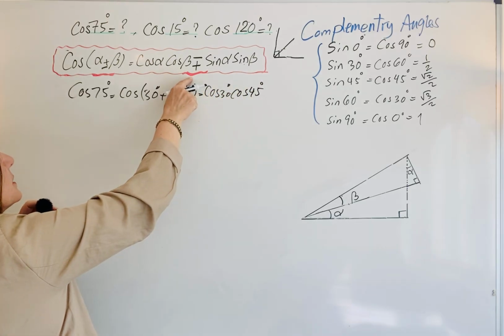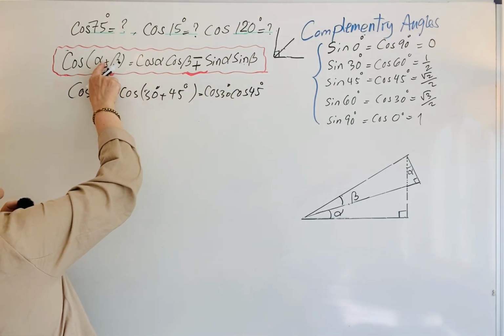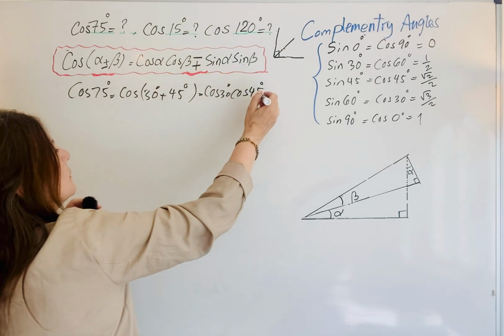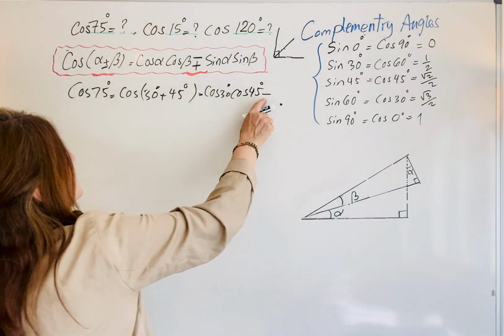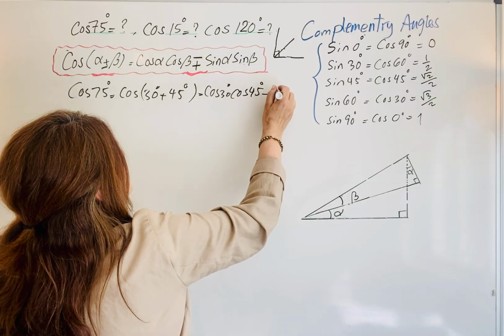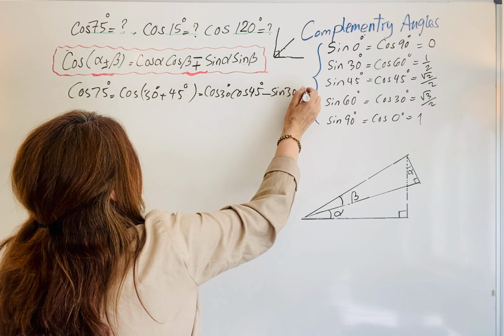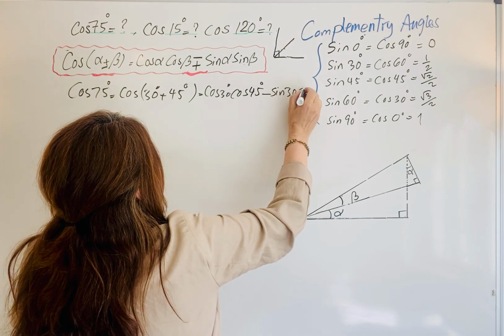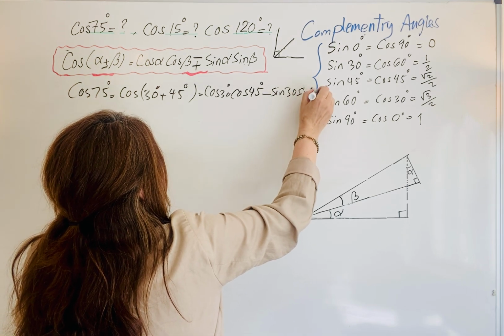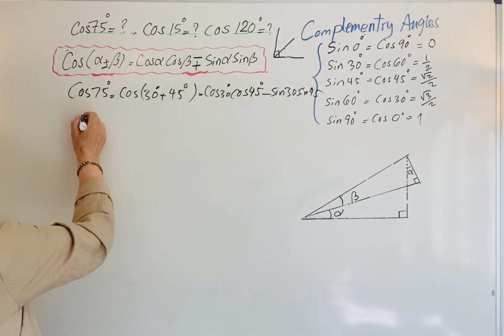But be cautious about this one. If it is addition inside the cosine, you need to use subtraction in the formula. You subtract sine of the first one times sine of the second one, sine of 30 times sine of 45. How much is it going to be?